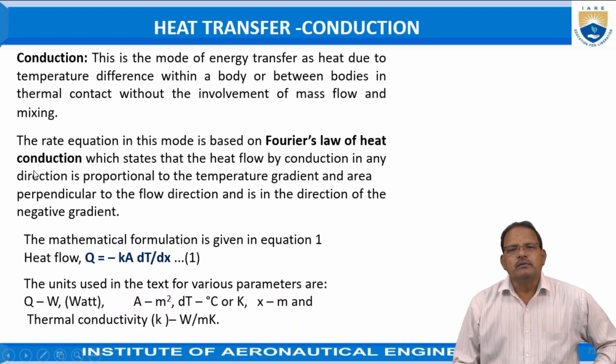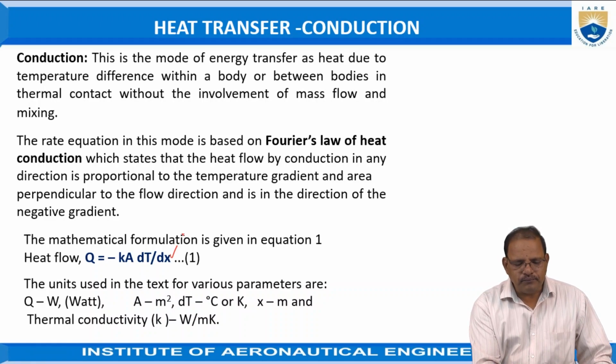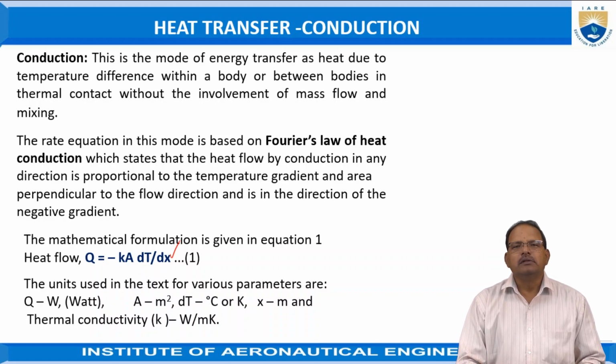The magnitude of heat energy that flows in a body by the conduction process is given by the equation called Fourier's law of heat conduction, which is given by Q is equal to minus K into A into dT by dx, where K is representing the thermal conductivity of the material. If K is the maximum, that is treated as a conductor, which allows the flow of heat energy through it.